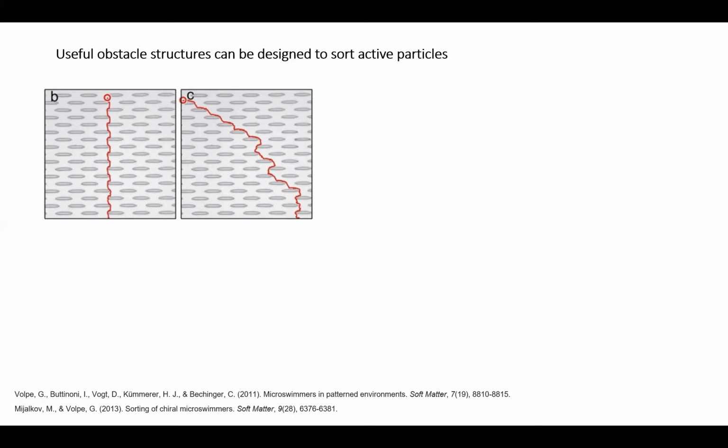What happens is that if I design these obstacle structures, the particle will eventually fall down, right? But it will not have a certain direction. But the obstacles are designed in such a way that if it has a swimming ability, that is, it's propelling itself in one direction, it follows these patterns. It's falling at different angles.